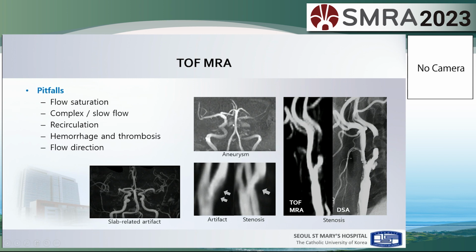As an example, here the giant aneurysm is not clearly visualized because of the saturation artifact, as well as the distal artery. And sometimes we see that the degree and length of the stenotic lesion is overestimated because of the saturation artifact compared to the DSA here.